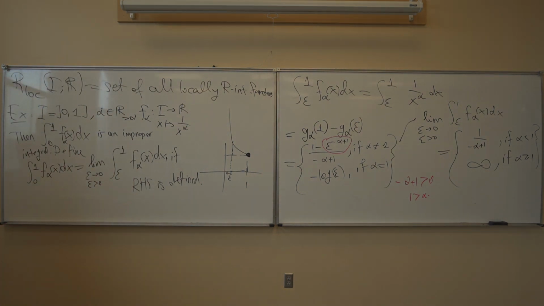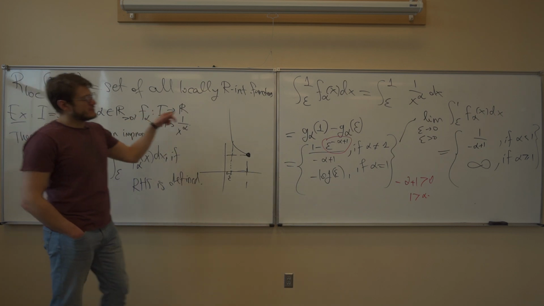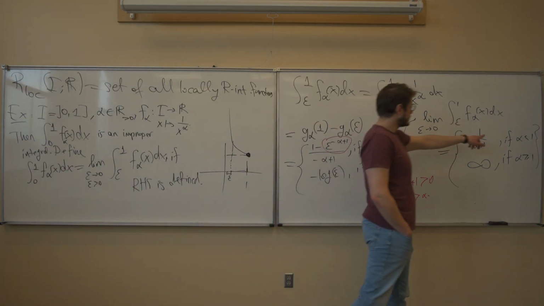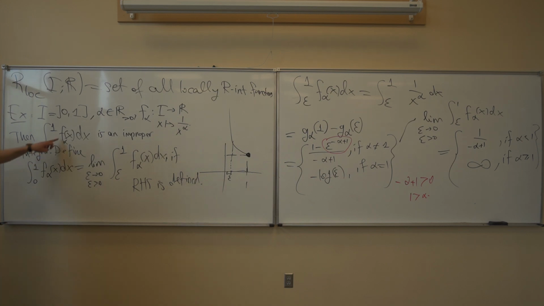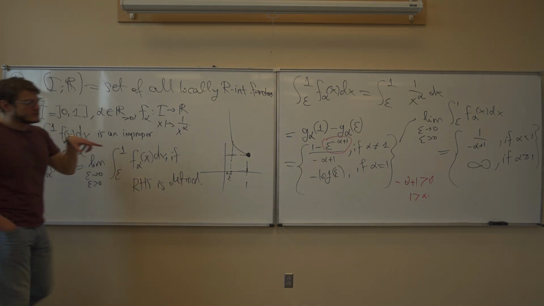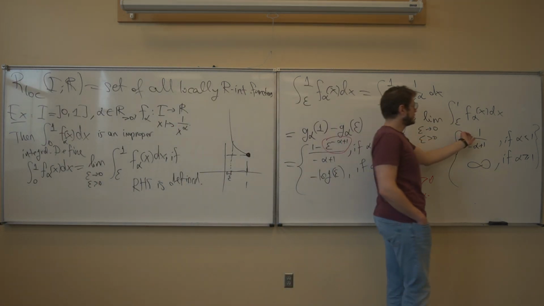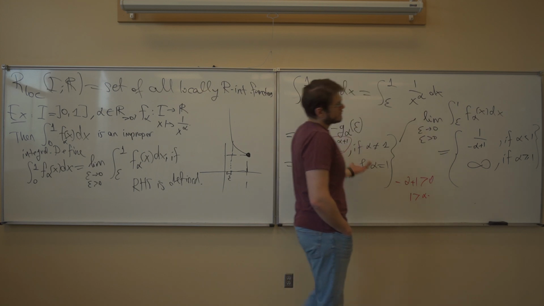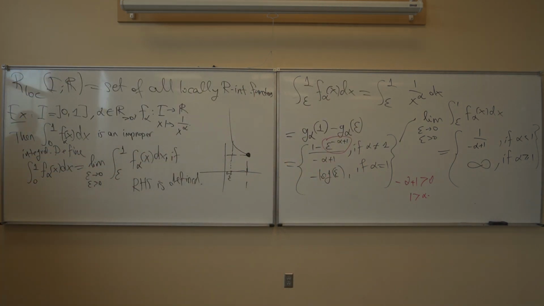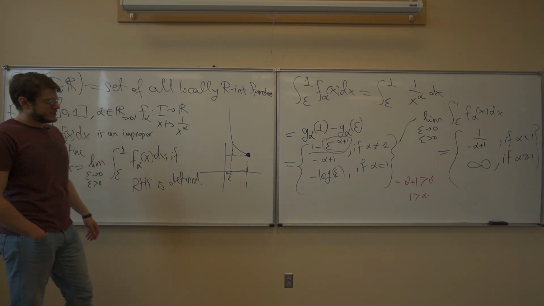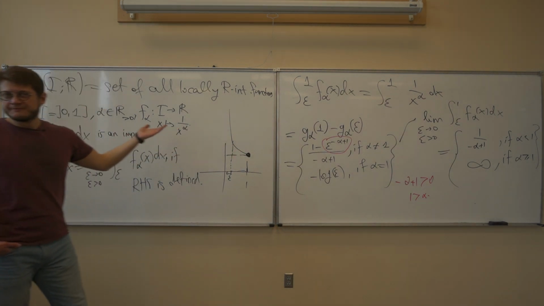And so you would say that for alpha between 0 and 1, the improper integral of f sub alpha from 0 to 1 exists and is equal to this number. Otherwise, it's infinity. Maybe it exists, maybe it doesn't, depending on your preferences. Any questions about this?